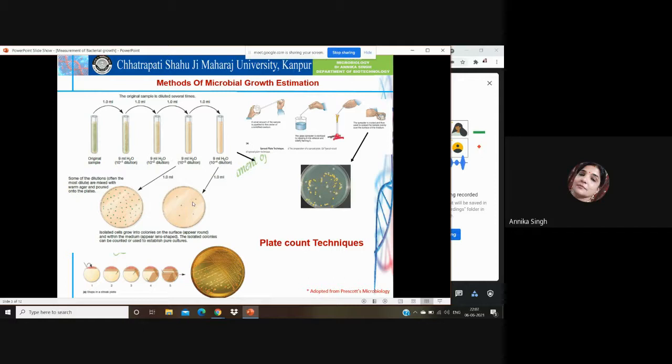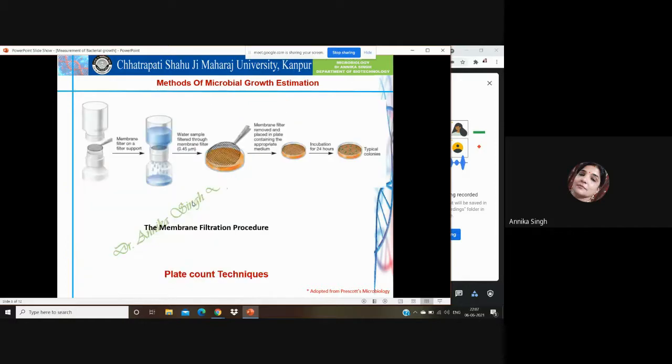So this is the plate count technique, which involves three methods: spread plate method, pour plate method, and streaking. Another method is the membrane filtration procedure, in which a membrane filter is used.